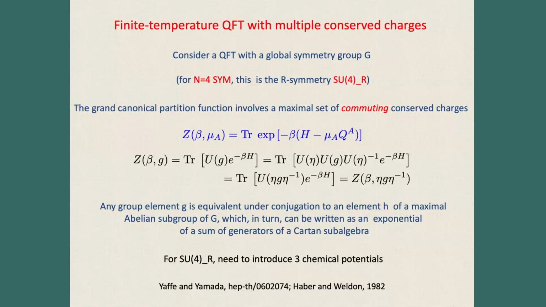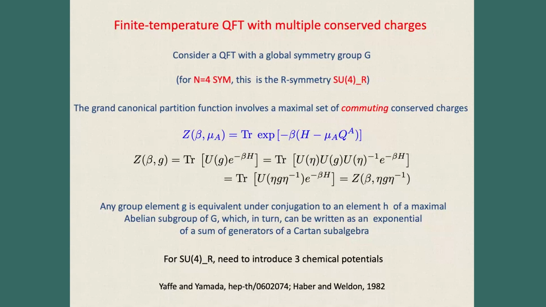But generically, suppose we have a non-abelian global symmetry group G. The grand canonical partition function involves a maximal set of commuting conserved charges. So for example, for N=4, naively you can say, well, I have SU(4), so I have N squared minus 1, meaning 15 global conserved charges coming from Noether's theorem, and I should introduce 15 chemical potentials for my partition function.